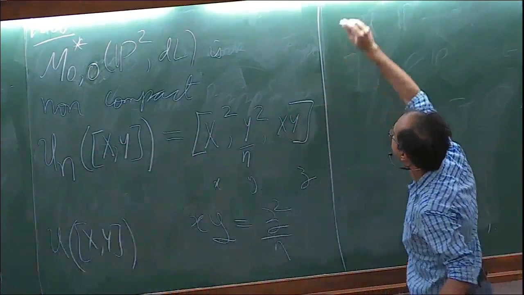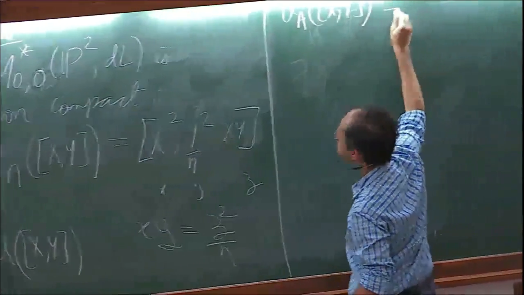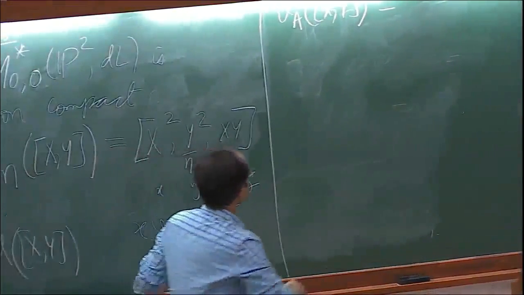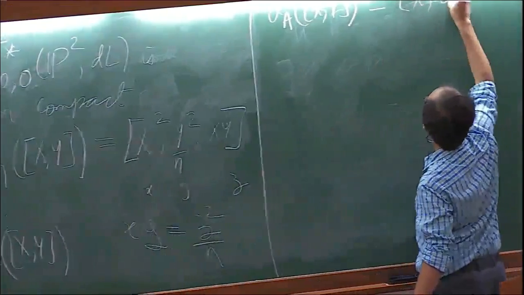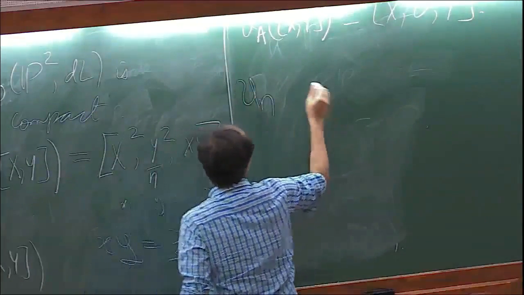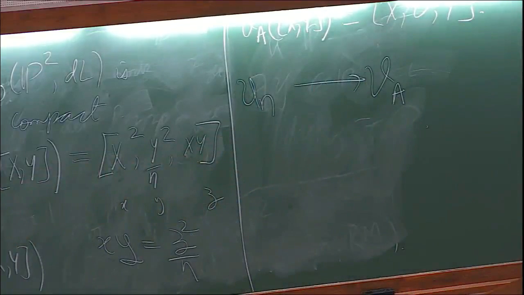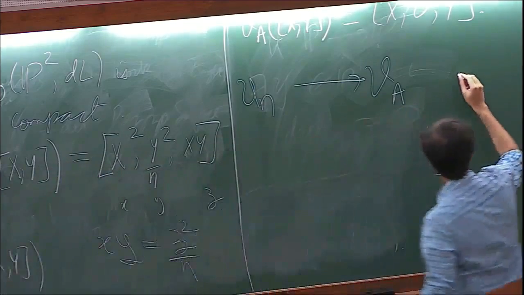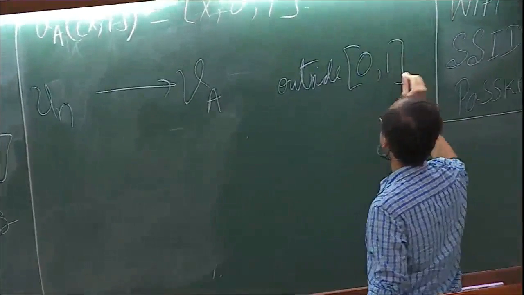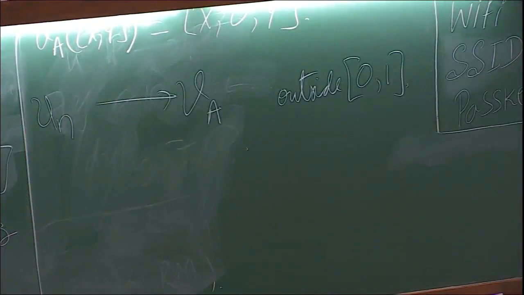So let me define one map, VA of xy, which is basically, if you call this 0 and divide out by x, x, 0, and y. And UN basically converges to VA. So this statement is almost true. It is true outside one bad point, which is 0, 1. Outside this bad point, this is uniform convergence on all compact sets.